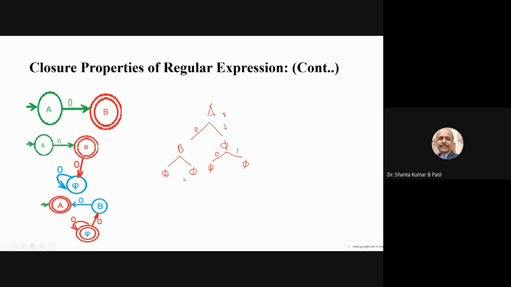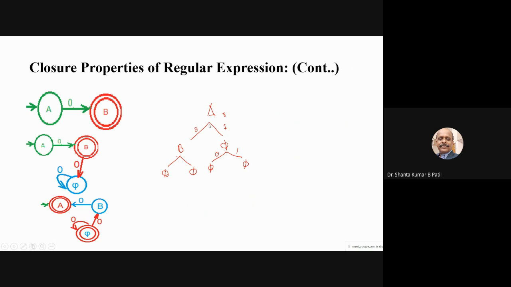Hence, there are three states in the DFA: A, B, and pi. A on 0 is B, and A on 1 is pi.